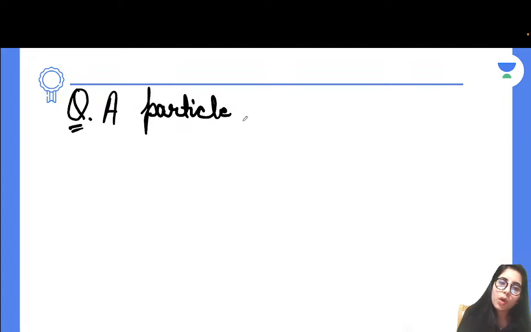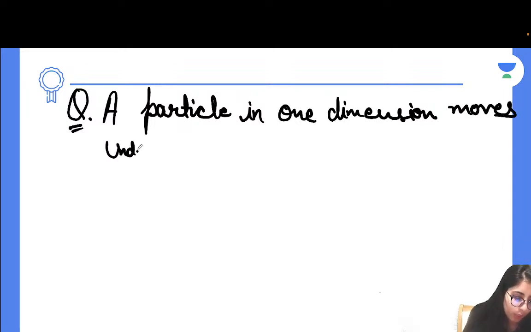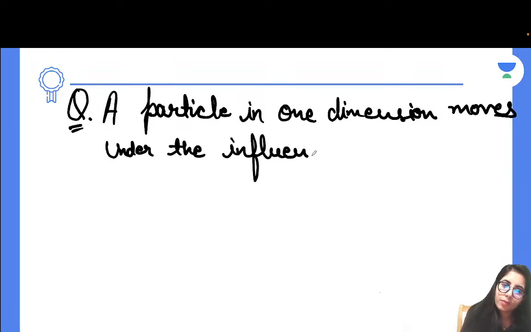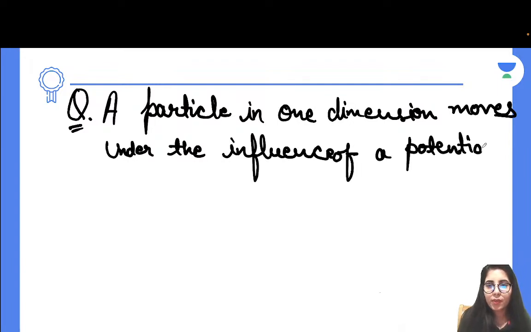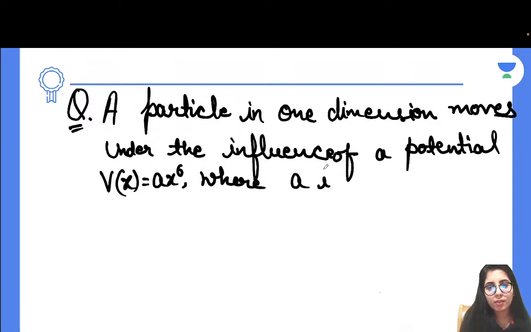A particle in one dimension moves under the influence of a potential V(x) equal to A x to the power 6, where A is a real constant.